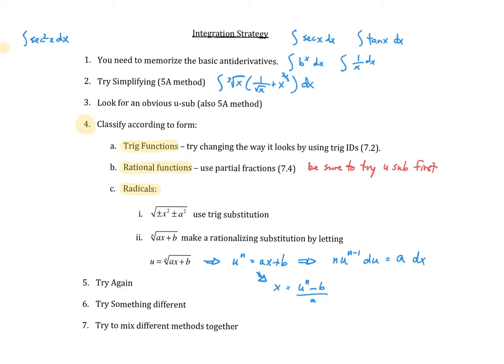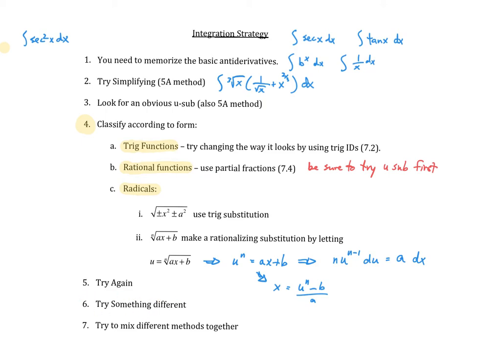These last three kind of seem like a joke, but it's really not a joke. A lot of times your intuition is wrong at the beginning. And only the easy integrals fall apart quickly. There's a lot of integrals that are very tricky and you need to try different things. Sometimes I would try something different. So let's say it looks like it's one of these types up here, but it didn't work. Try something even if it doesn't look like it might work.